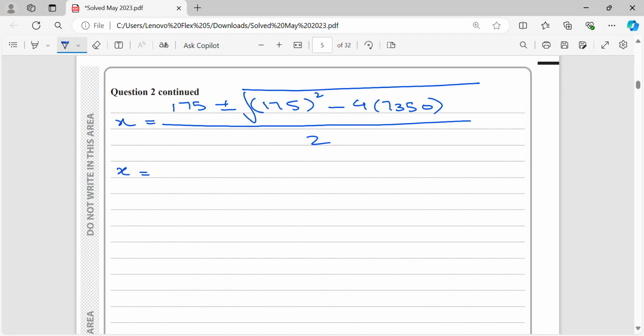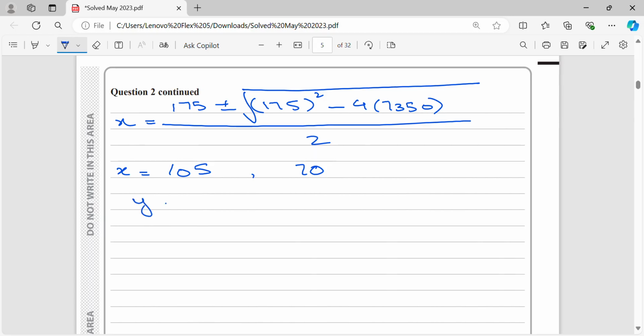So I will do one time for x for positive, and one time for negative. Let's do first positive. If I type in the calculator 175 plus root of 175 squared minus 4 into 7350, divided by the whole denominator 2, I got here 105, and with negative I got here 70. These are the two values of x.